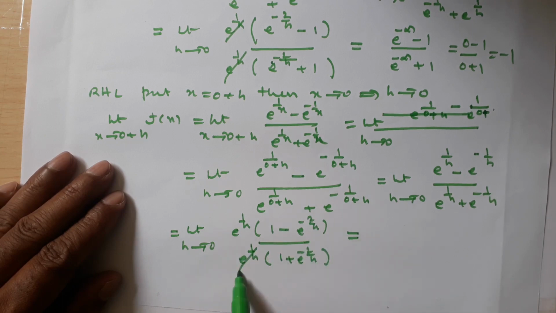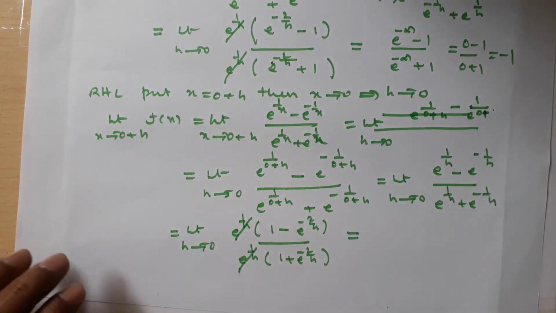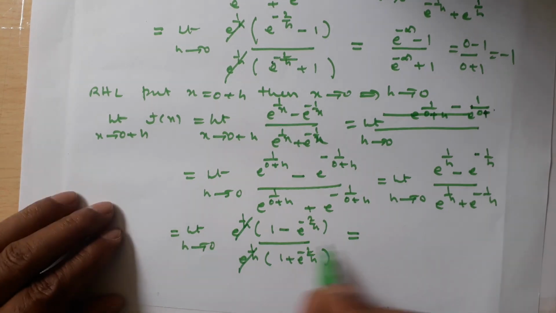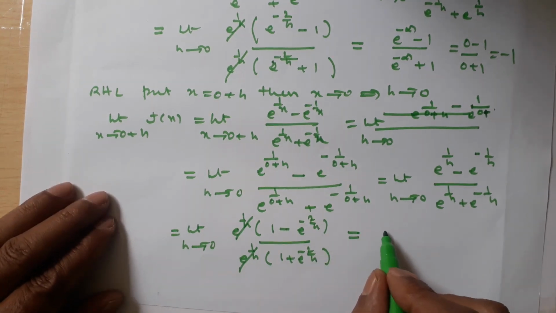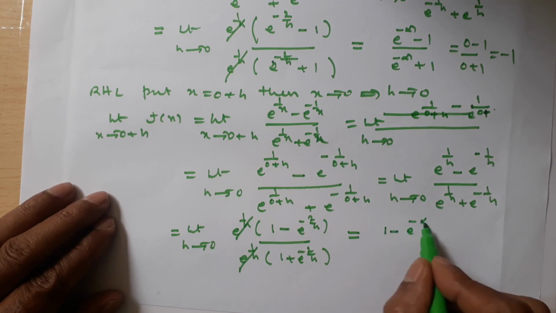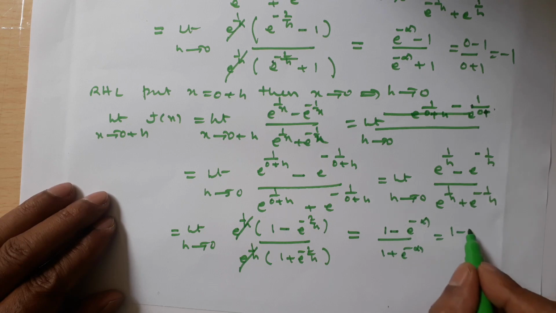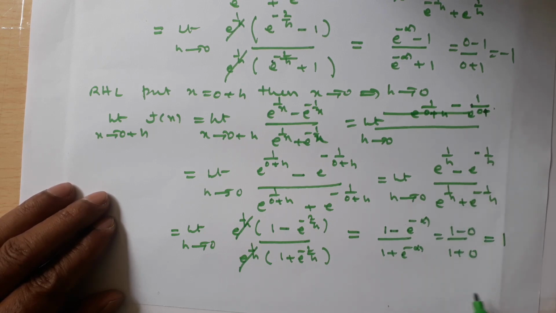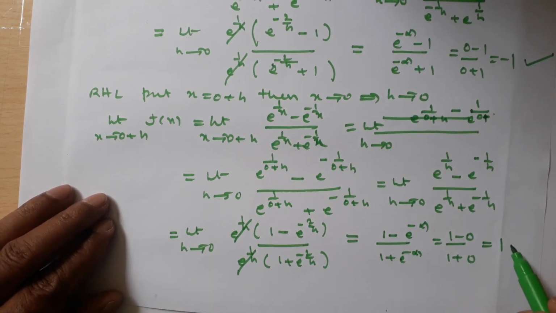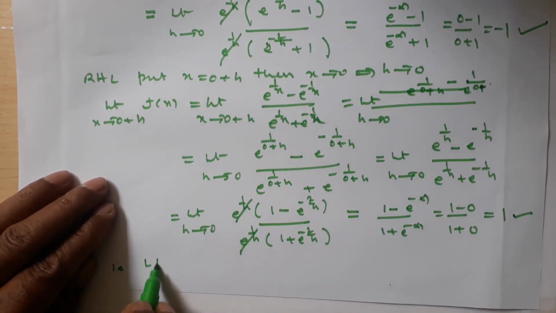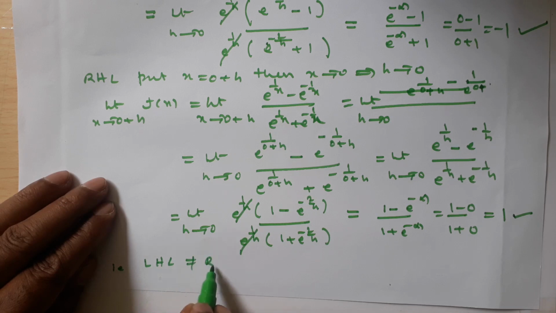The e power 1 by h cancels in numerator and denominator. Applying the limit value, it is (1 minus e power minus infinity) divided by (1 plus e power minus infinity), equal to (1 minus 0) divided by (1 plus 0), equal to 1. So the LHL value is minus 1 and the RHL value is plus 1, that is LHL is not equal to RHL.